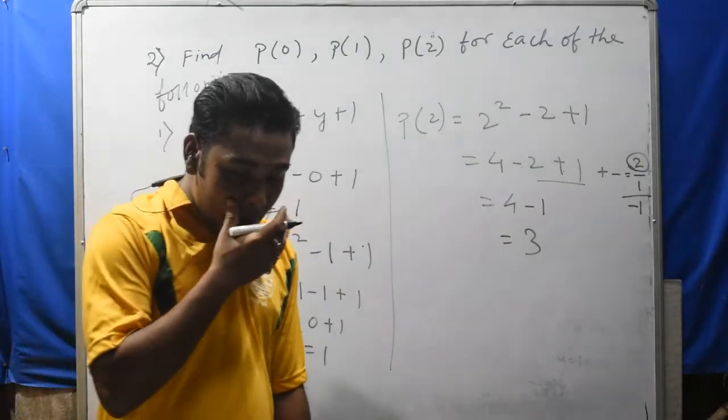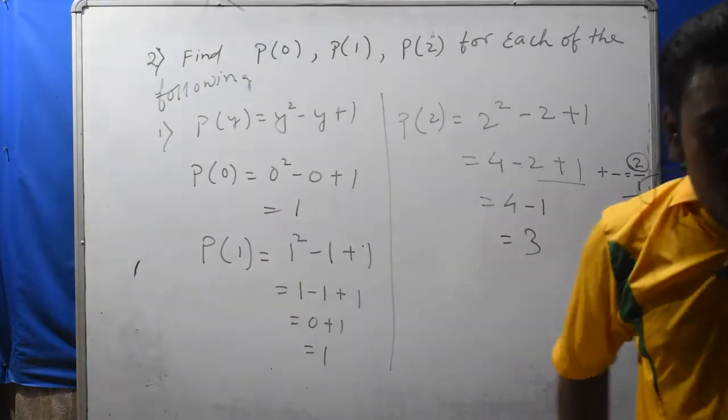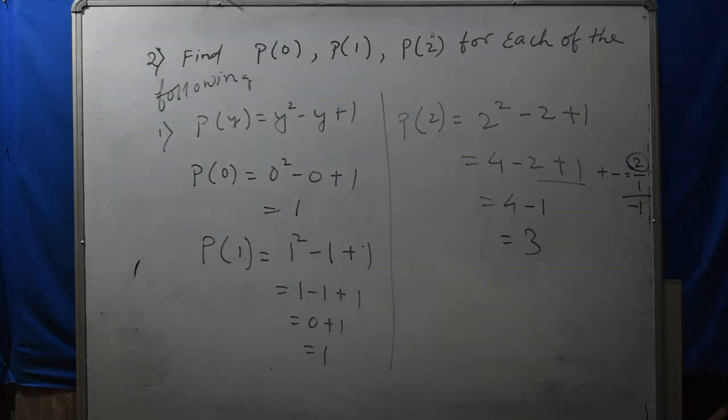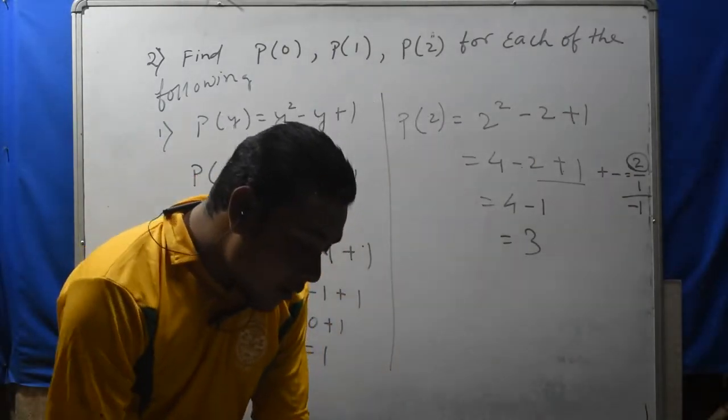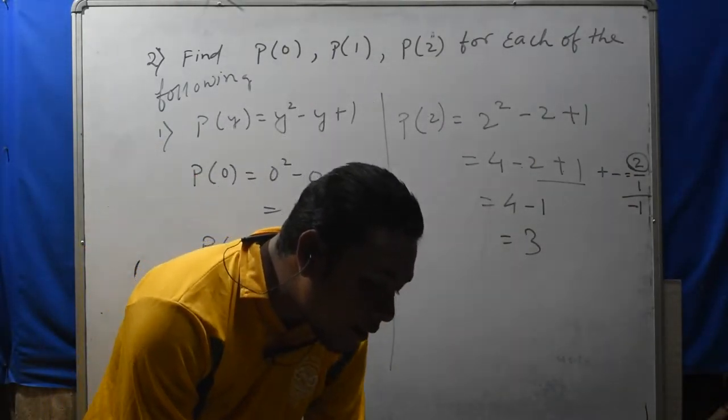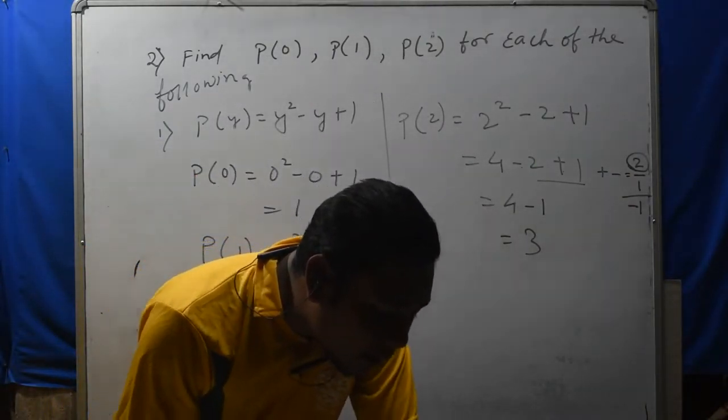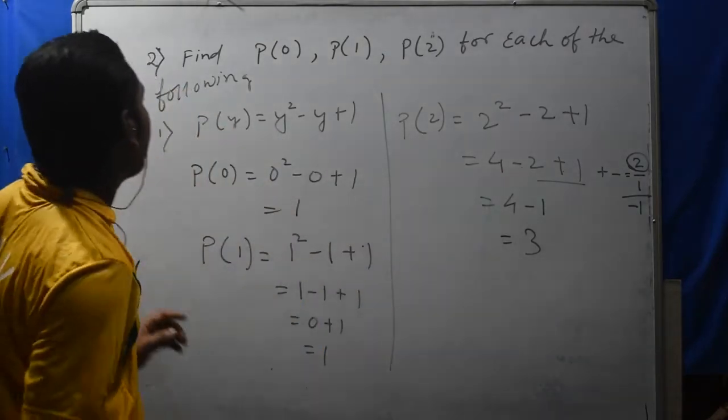Okay, so let us see number 3, the third one. Verify whether the following are the zeros of the polynomial indicated against them.